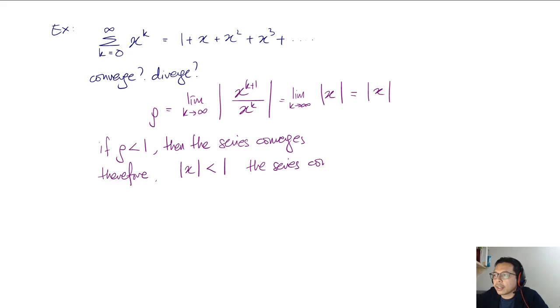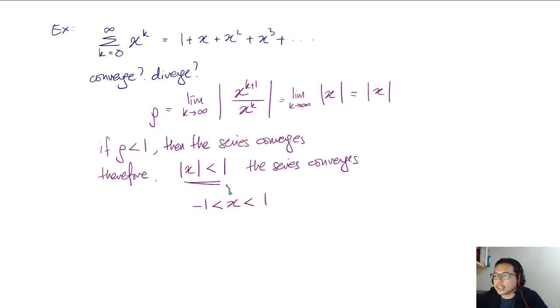This can also be written as x between -1 and 1, because we have absolute value of x less than 1.